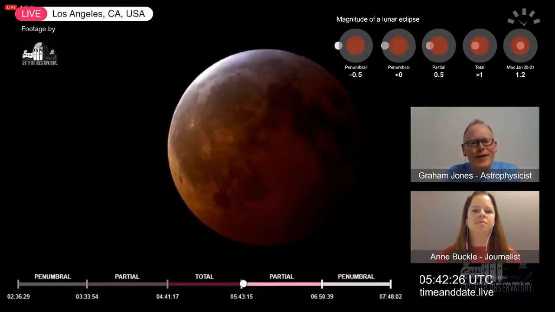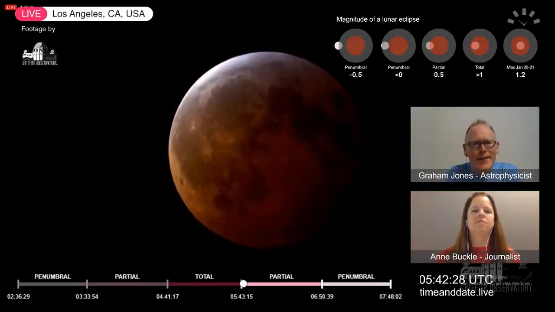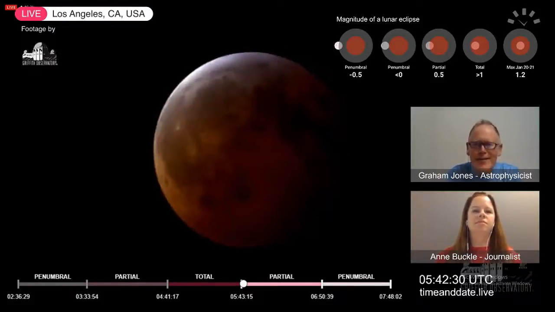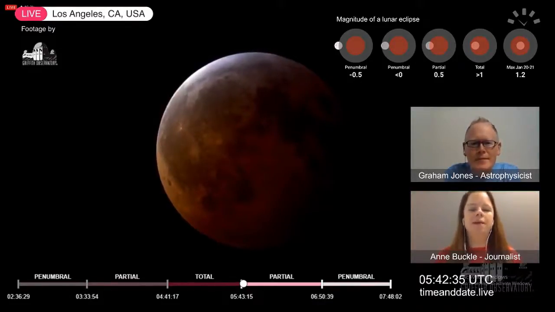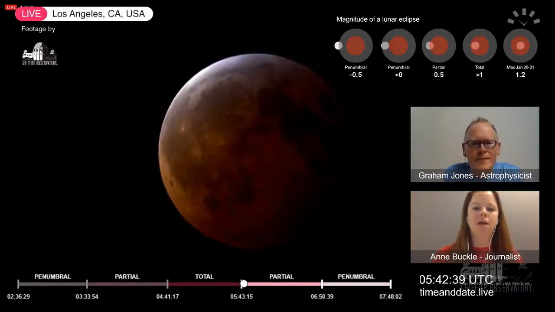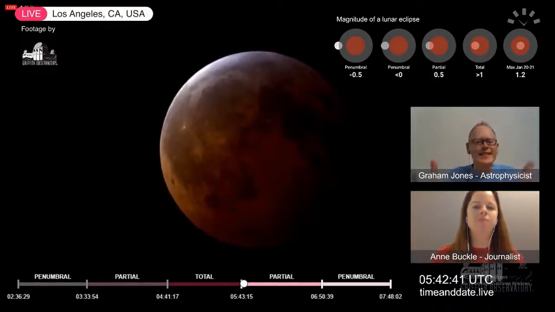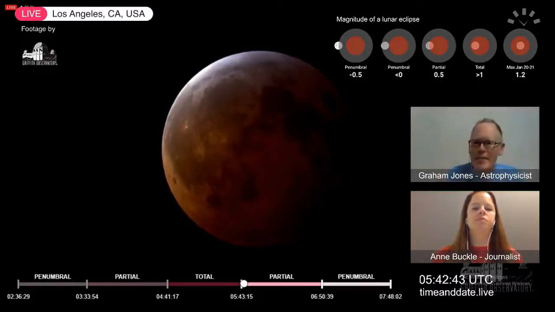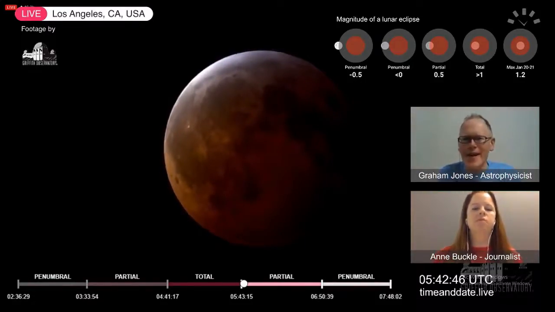So the moon is going back from red back to its normal silver and grey color. And opposite of what we were looking at when we were going towards the totality. That's right. It's exactly the same thing, just happening in reverse now.